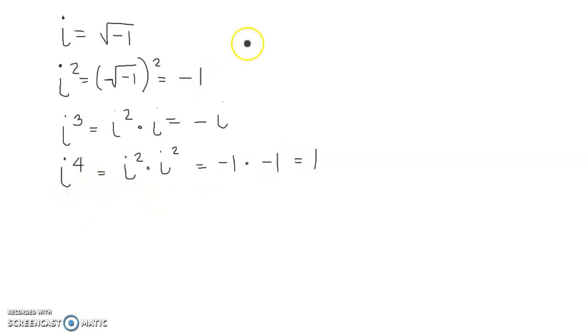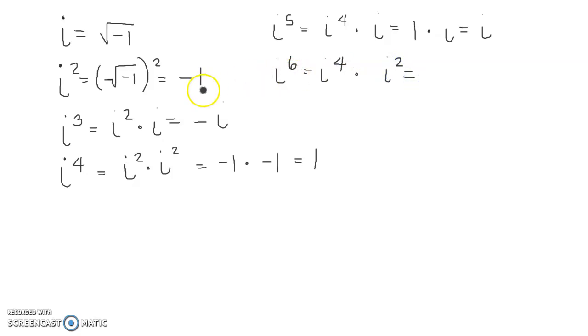If we get the value of i to the fifth, that's equivalent to i to the fourth times i, which is 1 times i, equivalent to i, while i to the sixth is equivalent to i to the fourth times i squared, and i squared is equivalent to -1.